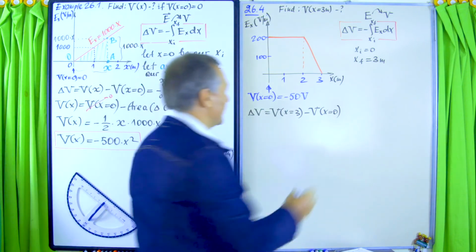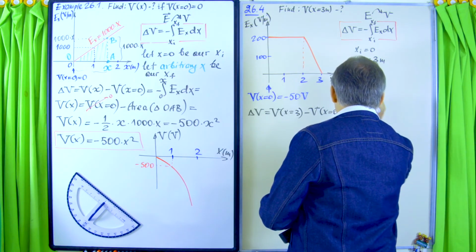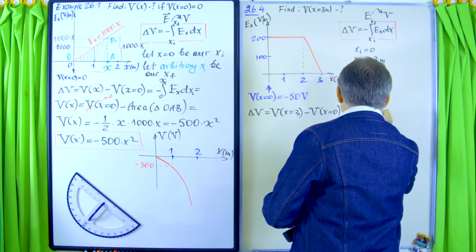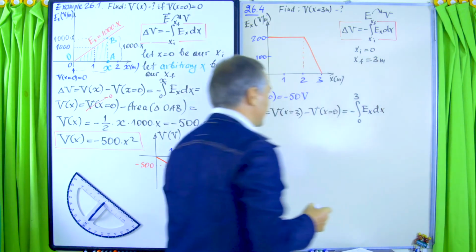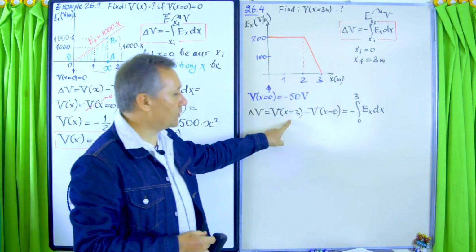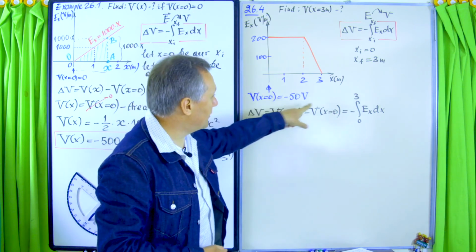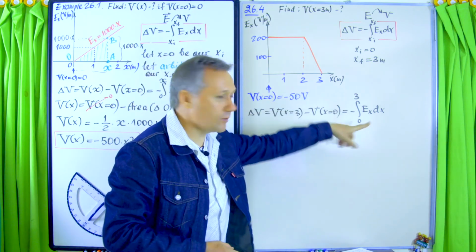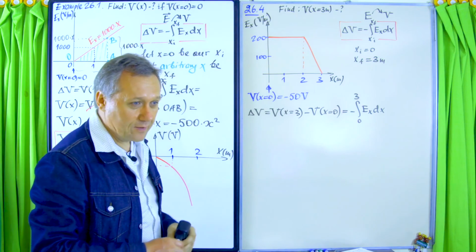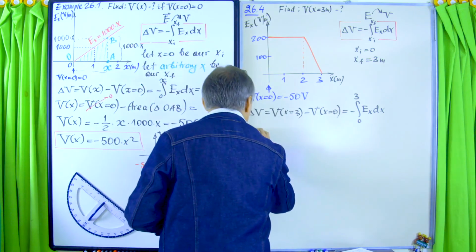And that equals negative integral from 0 to 3 of E sub x dx, right? Again, our unknown is here. This is now negative 50, but let me first move this to the right hand side with a plus, right? And only then I will start plugging in the values.